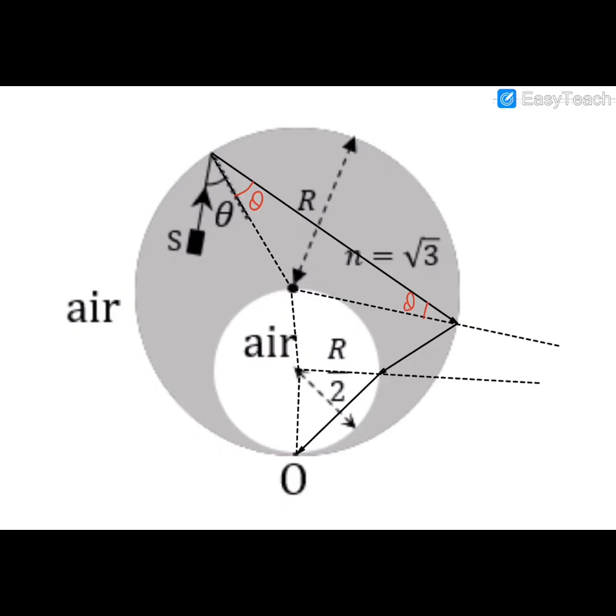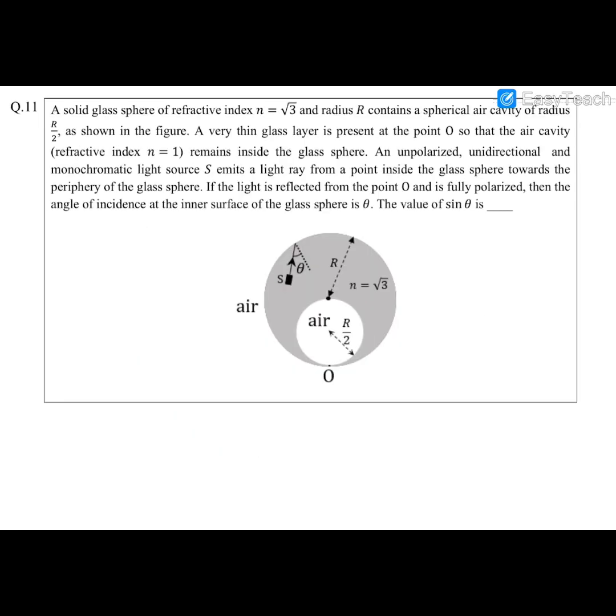Now you can see that if we connect these two, let us name the points. This point is A, B, C, and this is D. Now this angle will be the polarizing angle, and polarizing angle is tan inverse mu, and IP will be tan inverse root 3.